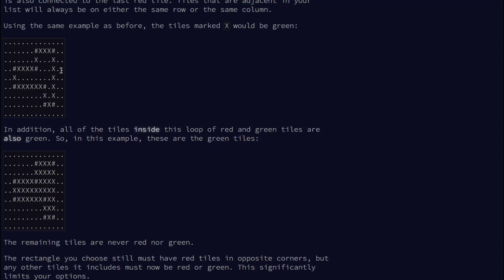I could walk along the border of my proposed rectangle, looking for green tiles. No, but how would I know if they were green tiles from placing these tiles or from some other ones sticking in?